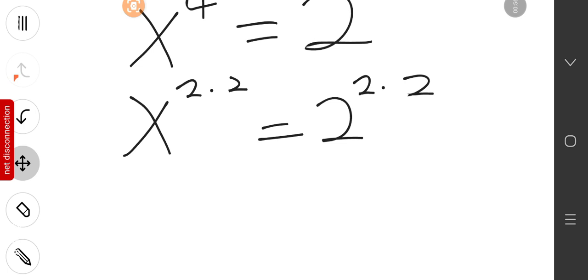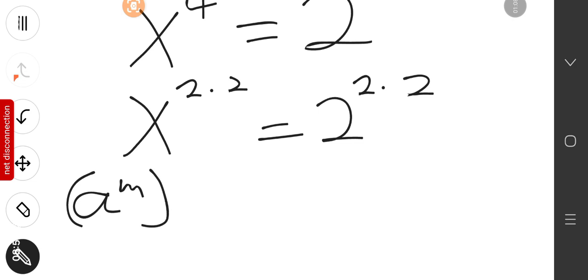Now let's introduce the power of a power rule of indices. If you have a exponent m, raised to another exponent c, this equals a exponent m times c.